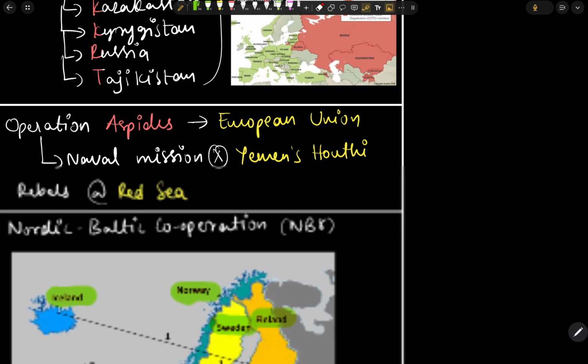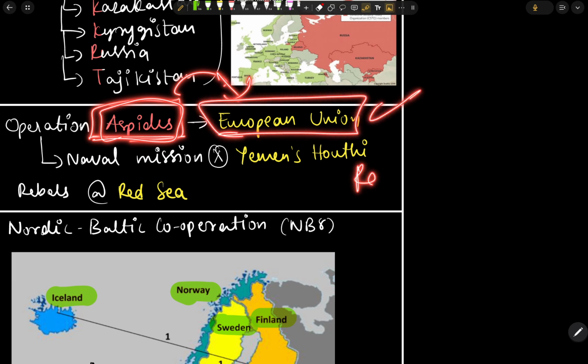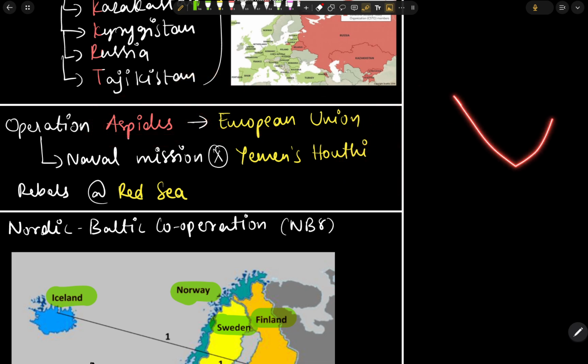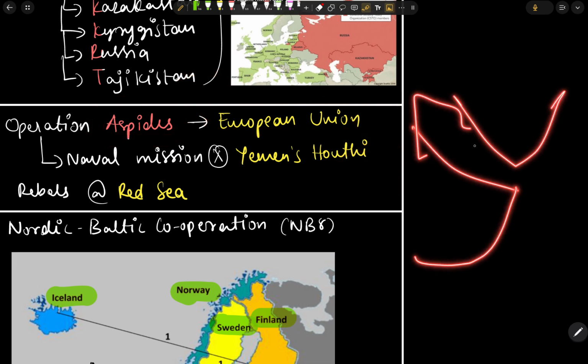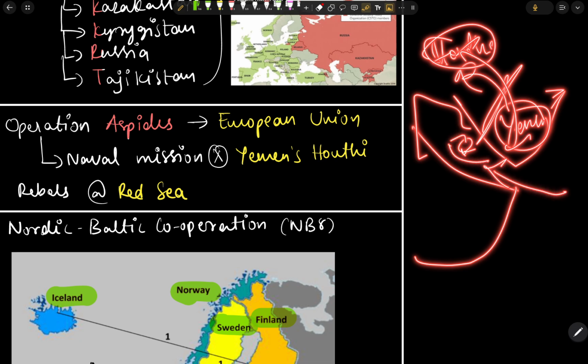So that's it. And also there is Operation Aspides. Operation Aspides is conducted by the European Union in the Red Sea region. This operation is conducted because, for example, this is the Red Sea region, and this is Yemen. In Yemen we have the Houthi rebels, a terrorist organization which is attacking the ships going through this area and looting the things.